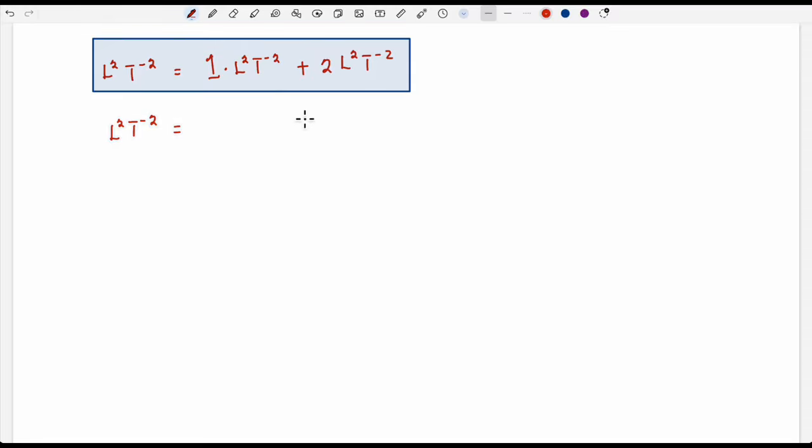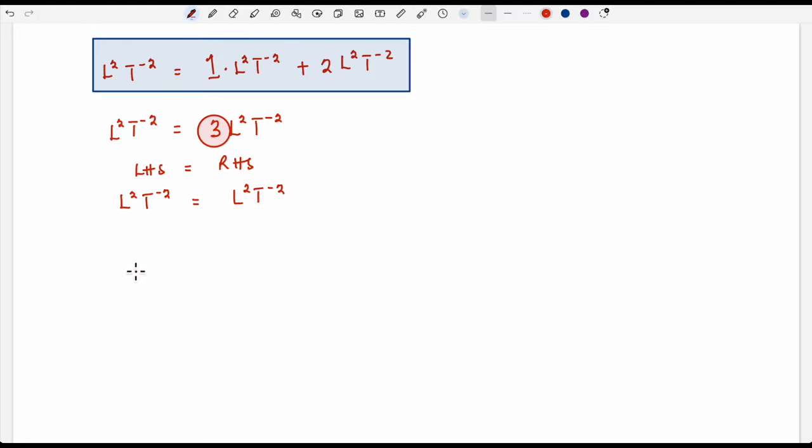So in this case, we have L squared T to the power minus 2, 1 of that plus 2 of that. So that gives us 3L squared T to the power minus 2. Again, remember, we don't worry about constants in dimensional analysis, so we can drop that constant. We can see that the left-hand side equals the right-hand side, such that L squared T to the power minus 2 on the left-hand side is equal to L squared T to the power minus 2 on the right-hand side.